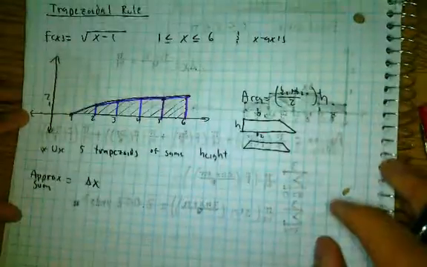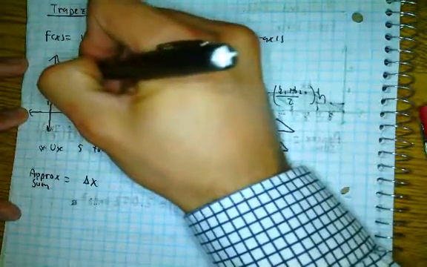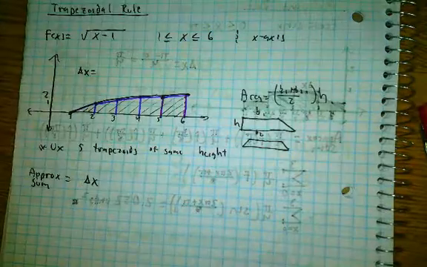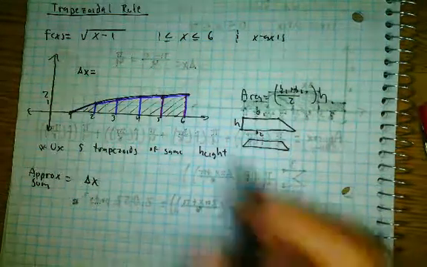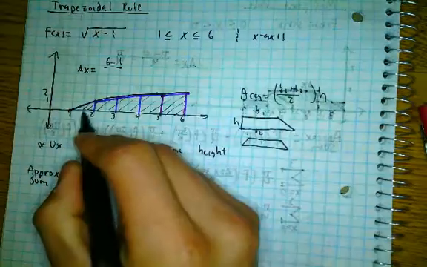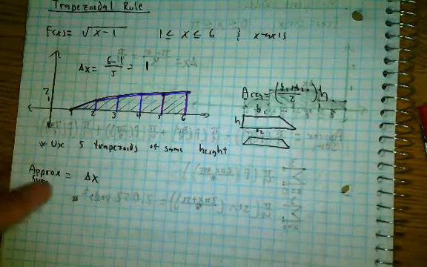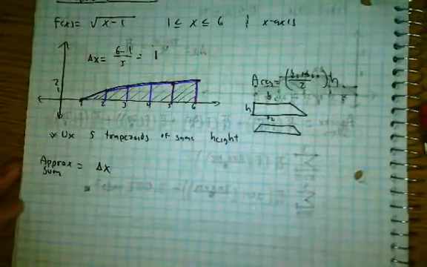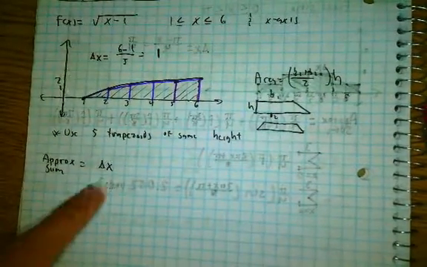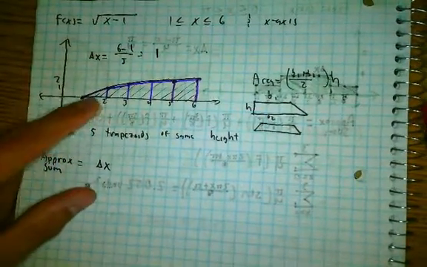Agreed? Okay, so then if I want to find the area of each one of these trapezoids, that would be delta x times what? Good. If I want to find out the first base, like for this one, it actually happened to be a rectangle.